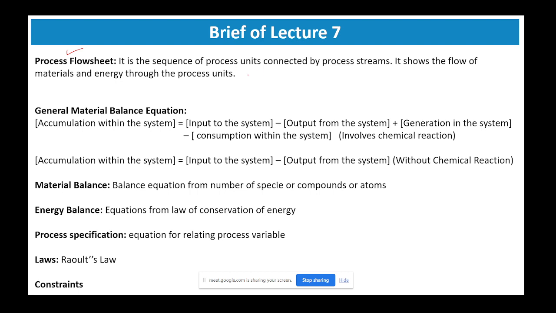Whatever the units, unit operations and unit processes that are going on in any industry or any process, all that is highlighted and they are all connected with arrows. The direction of the arrow denotes the direction in which the material flows or the energy flows.